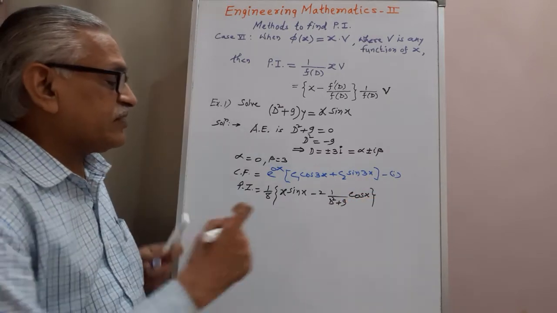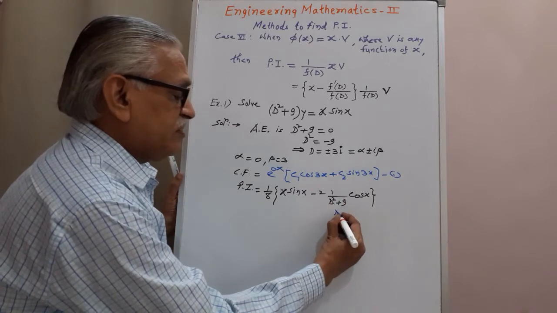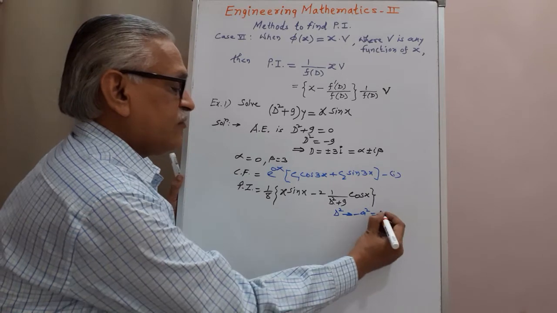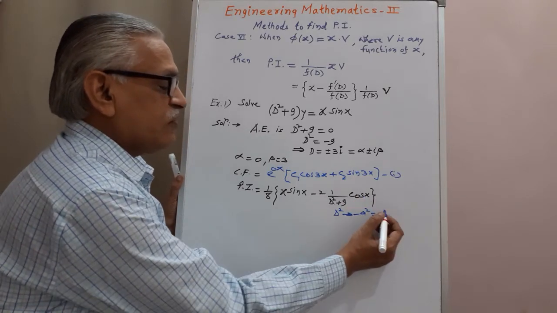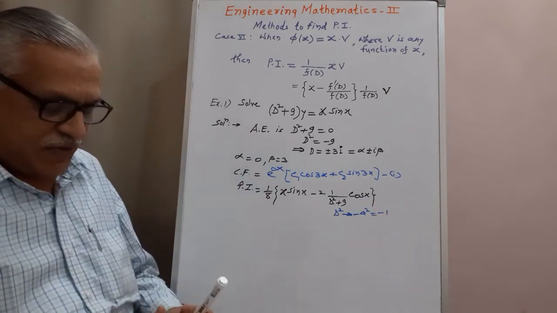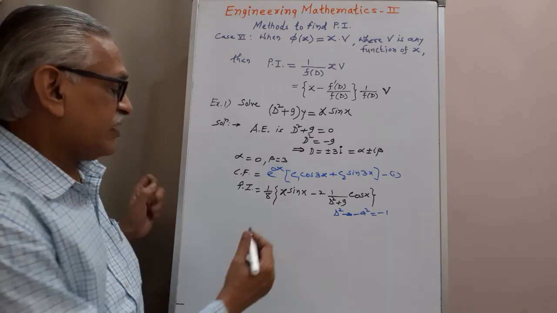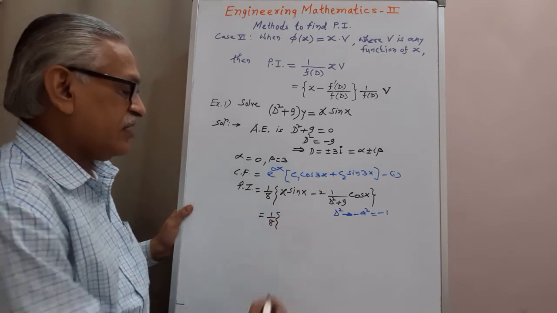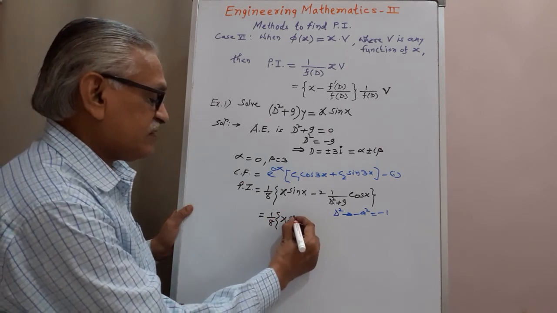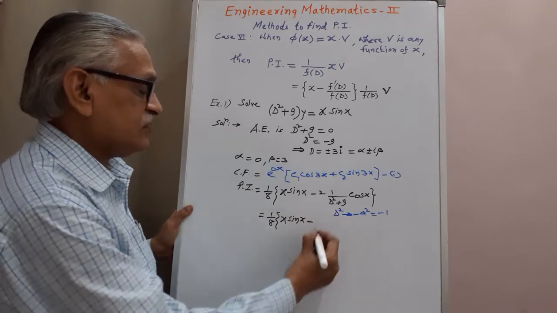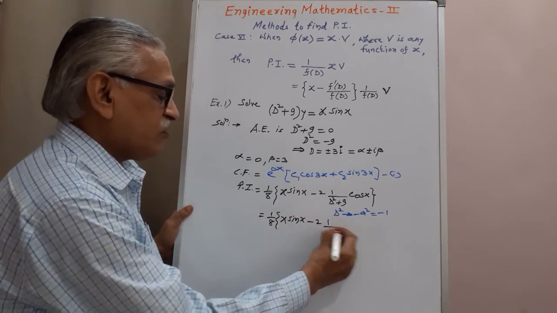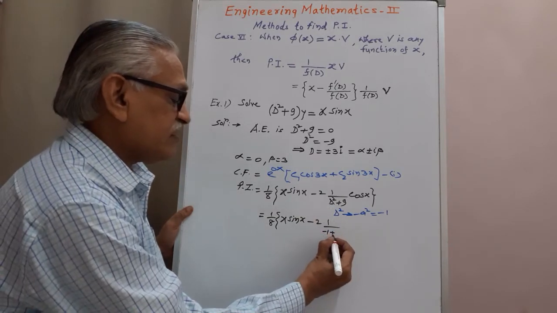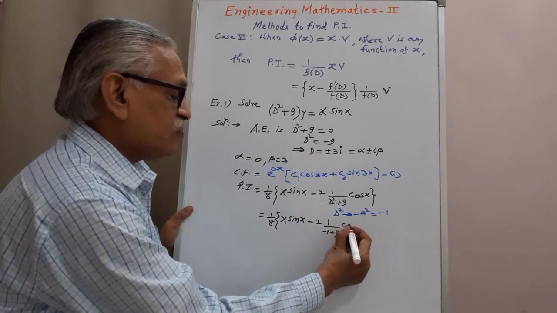And therefore, once again applying the same rule, we have to replace D square by minus a square, a is 1, 1 square is 1, therefore replace D square by minus 1. We get 1 by 8 times x sin x as it is, minus 2 times 1 upon, replacing D square by minus 1, minus 1 plus 9, into cos of x.